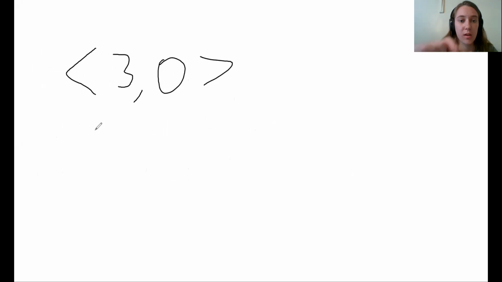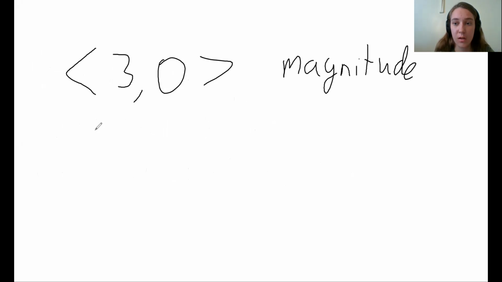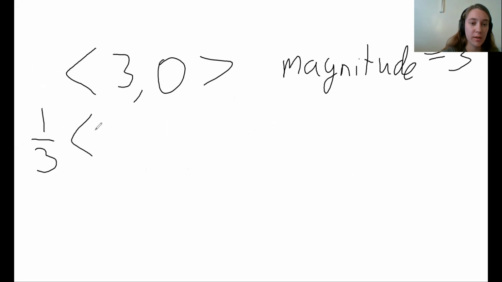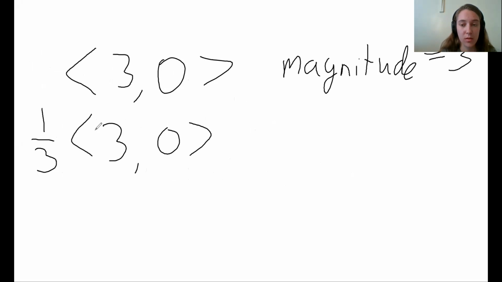You had the vector 3, 0. The magnitude was 3. So if you divide everything by 3 or multiply by the reciprocal, you multiply the 1/3 in. 1/3 times 3 is 1. 1/3 times 0 is 0. And that's your unit vector.